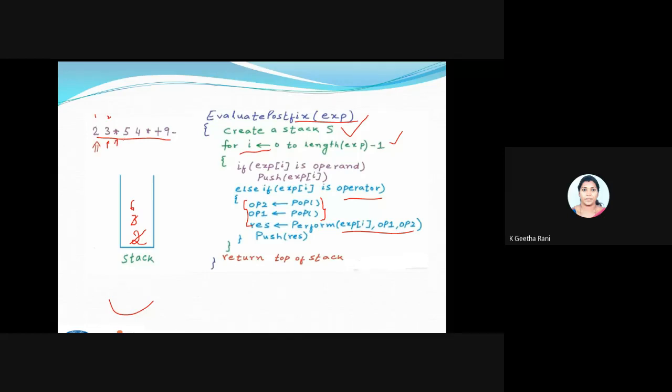Now I'll be checking my 5. 5 is an operand, it gets inside the stack. The next one is 4. 4 is also an operand, so it gets inside this stack. The next one is my star. Star is an operator, so I have to make a pop here.